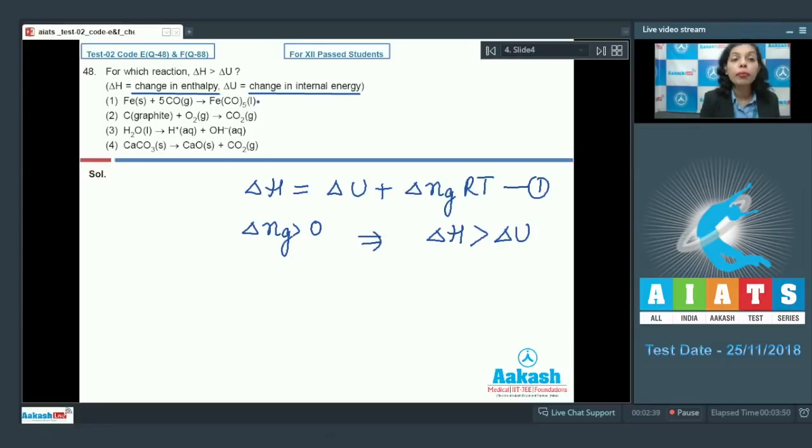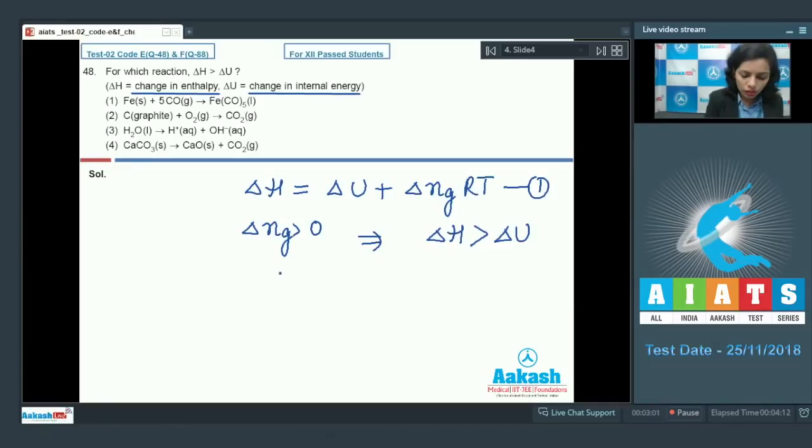And now if you look at the given chemical equations, you will identify that in the first equation, iron is combining with carbon monoxide to give you iron carbonyl, and in this particular case the value of N2 minus N1 or this delta Ng is minus 5, because in this case the value of N1 is 5 while N2 is 0.